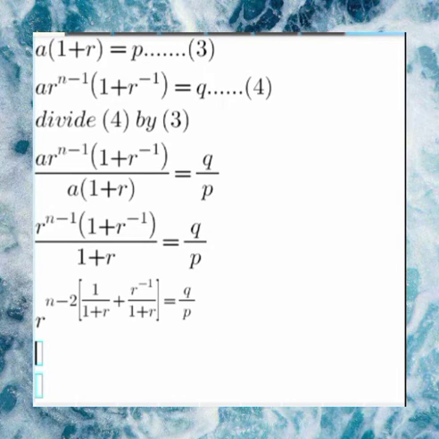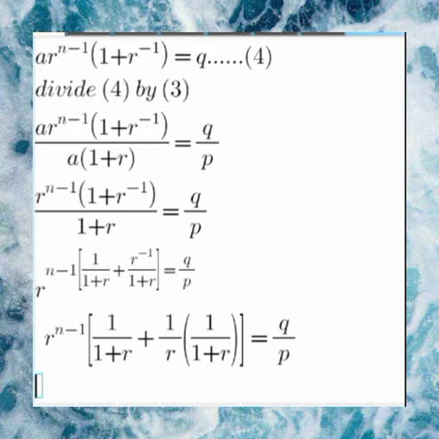So we get r raised to power n minus 2, sorry, that should be r raised to power n minus 1, because this one we have here is minus 1, into 1 over 1 plus r plus r raised to power minus 1 over 1 plus r. So the whole of this is going to take this form.